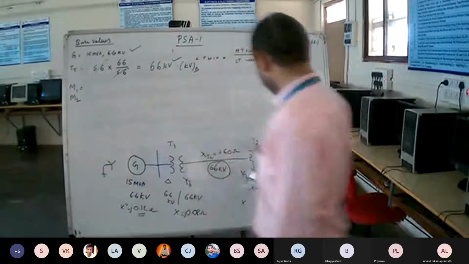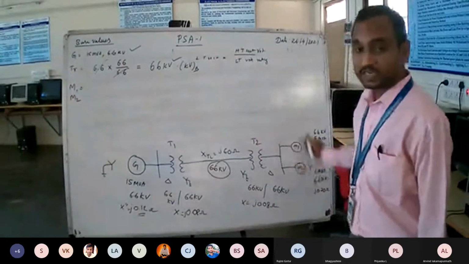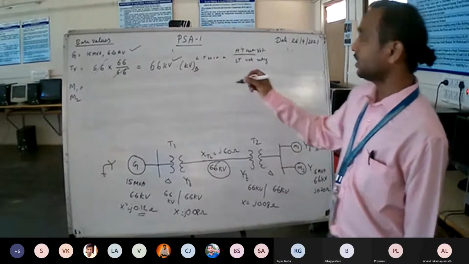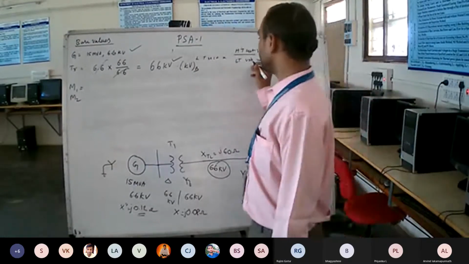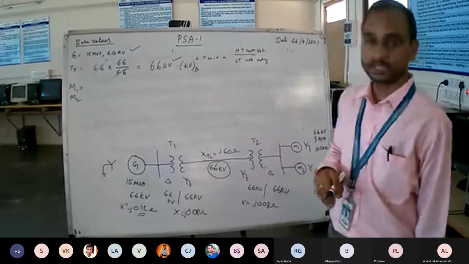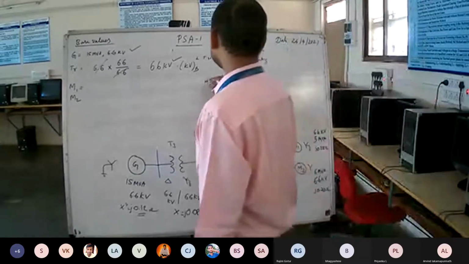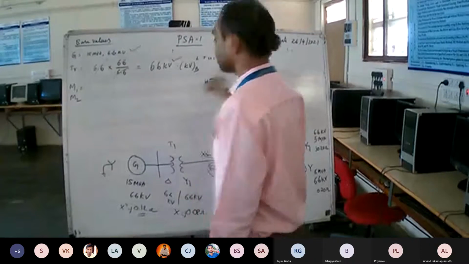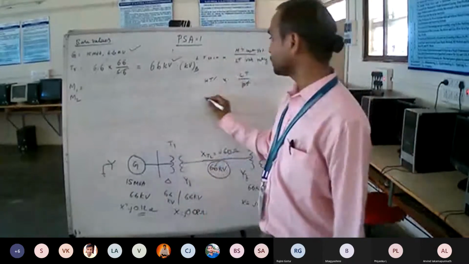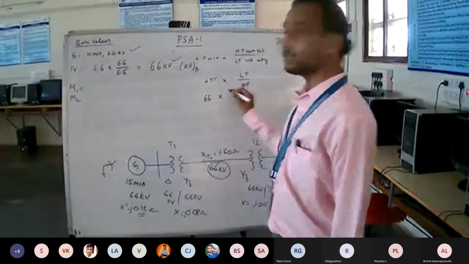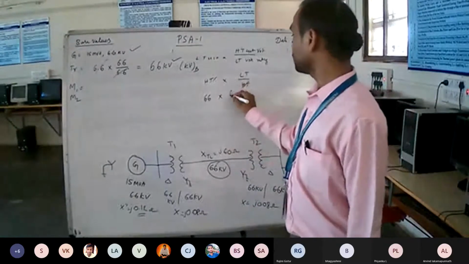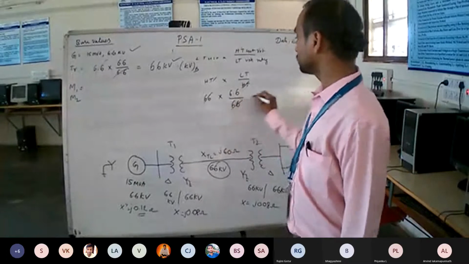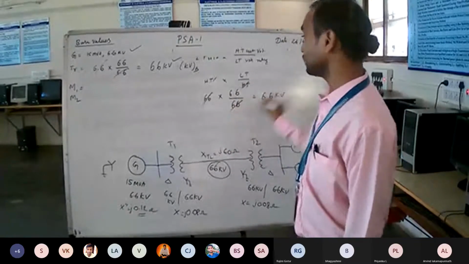Now calculate the base voltage on the LT section. What is the LT section base? It is the HT section voltage into LT by HT. The HT cancels, and the remaining will be LT. So 66 kV into 6.6 kV over 66 kV: the 66 cancels, and 6.6 kV remains.